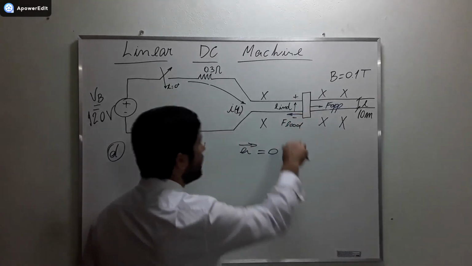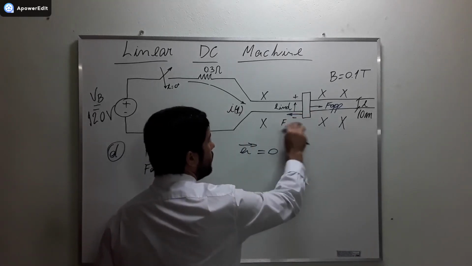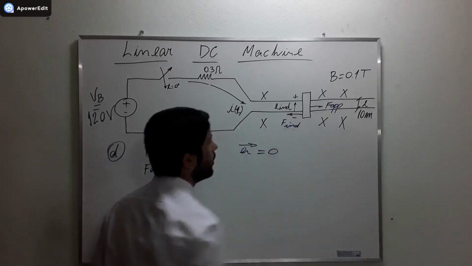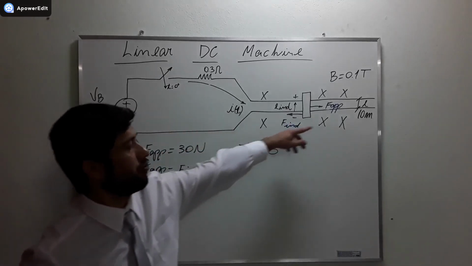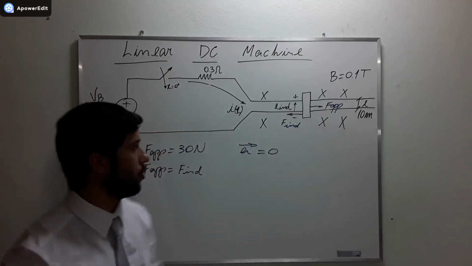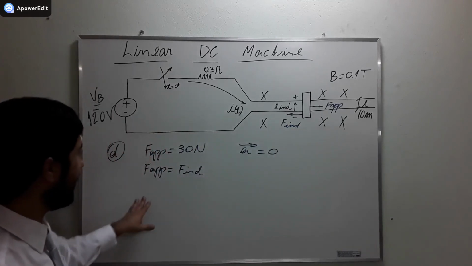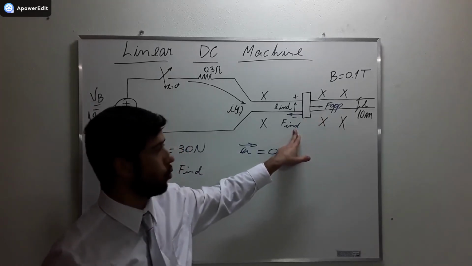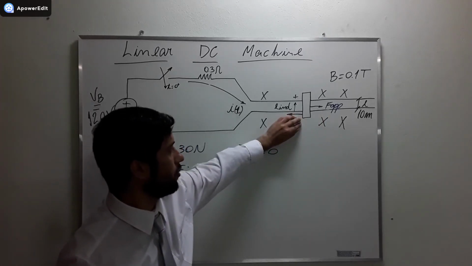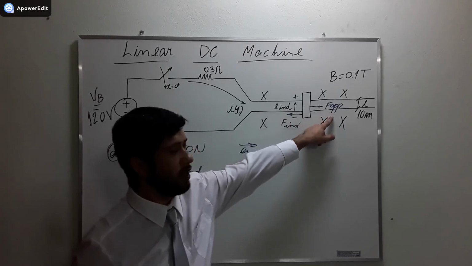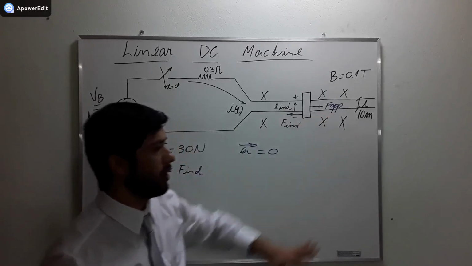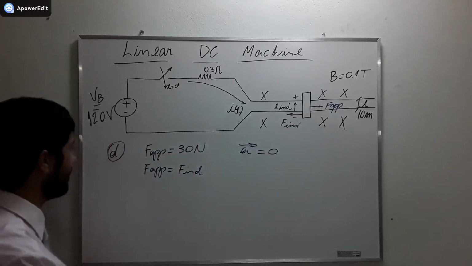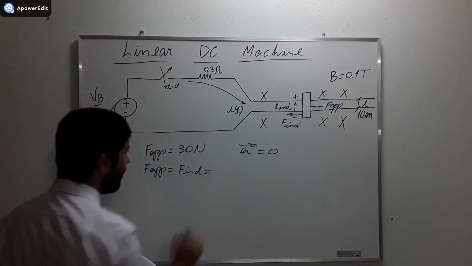Here there is going to be an induced force that's going to resist. The machine is going to resist acceleration, and we find the steady state when these two forces are equal. When this force is smaller than this force here, we have transient, but when they are equal, we have steady state.